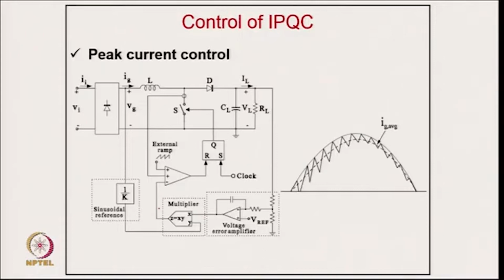And we are sensing the device current from here, that is the peak device current, and after comparing this error with the external ramp, that is the carrier frequency, we give it to this RS digital flip flop which gives the gating signal to this device. For low power we normally take a MOSFET, and for little higher power, maybe 2-3 kilowatt, sometimes even an IGBT.